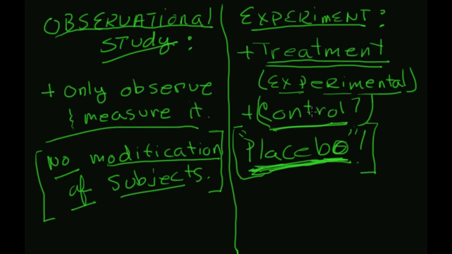So in an experiment, you have a lot of control. You can control who's in the subject or who's in the test. You can control how they're treated. You can control for things like the placebo effect. There's a lot of options to control here. The downside is that people who are in an experiment know they're in an experiment.